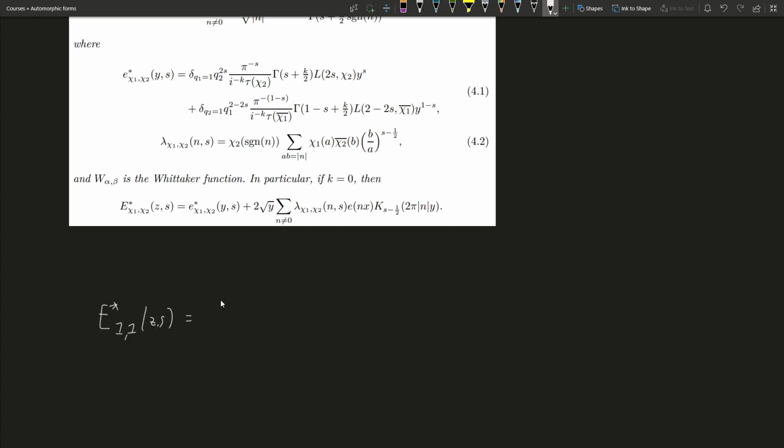So what we end up getting is just gamma of s over pi to the s. Then we have our zeta function, zeta of 2s, y to the s as our first term. And then the second term is going to be the same thing, but at 1 minus s.